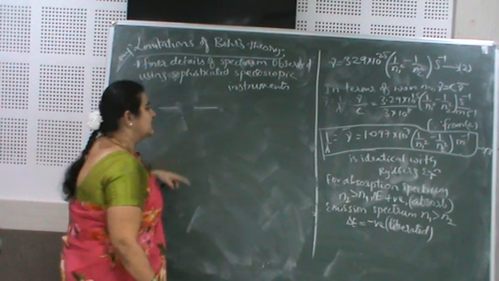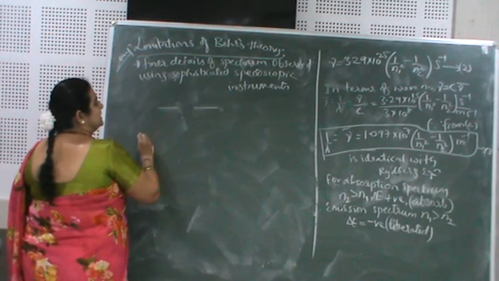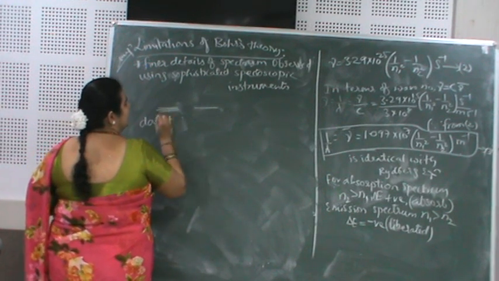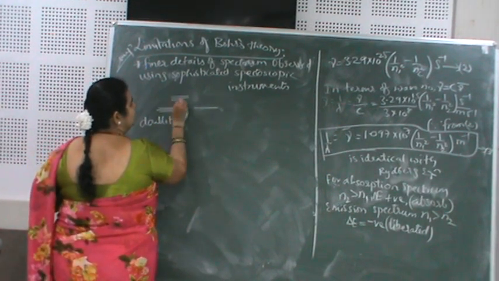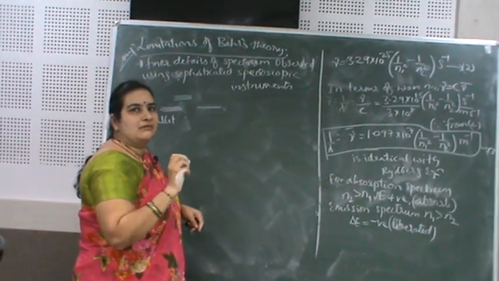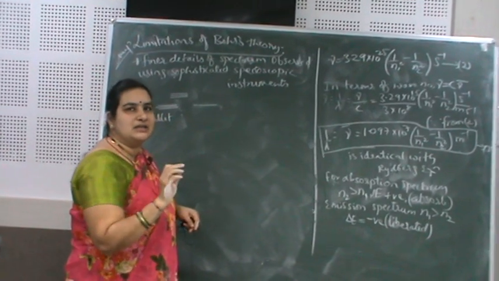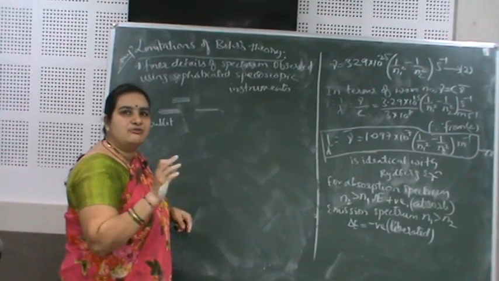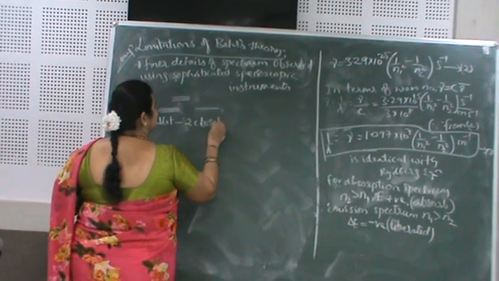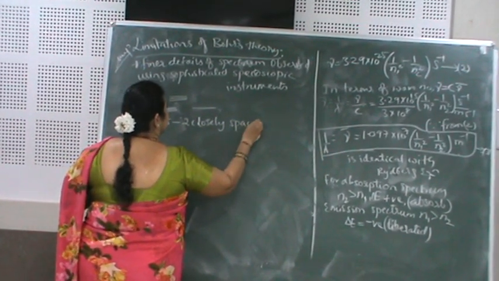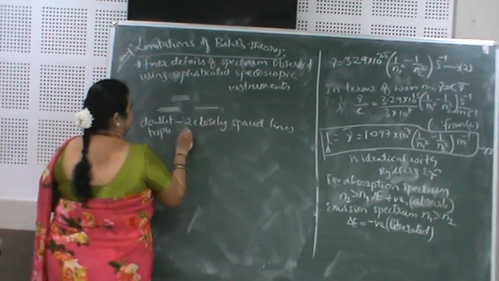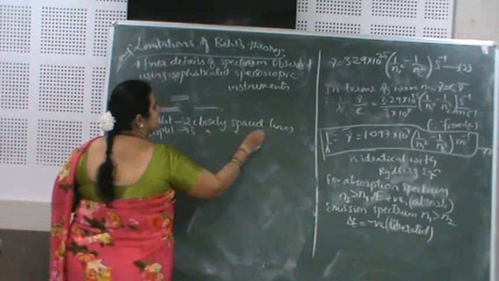Now this line is made up of so many lines like this. So the line's finer details mean the same line can be made up of 2 lines, or 3 lines. Doublet means two closely spaced lines, and triplet means 3 closely spaced lines.